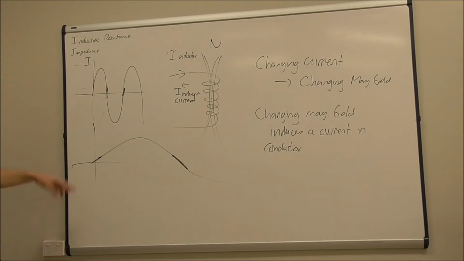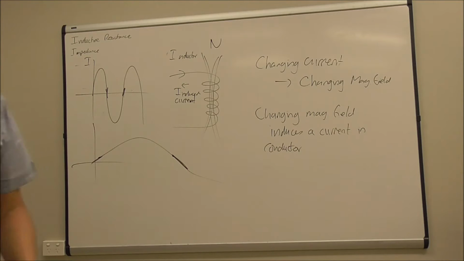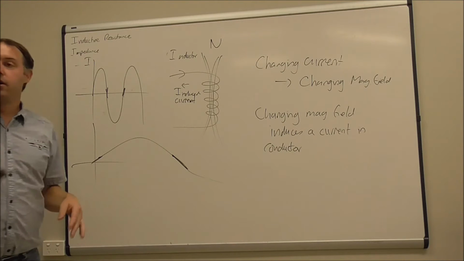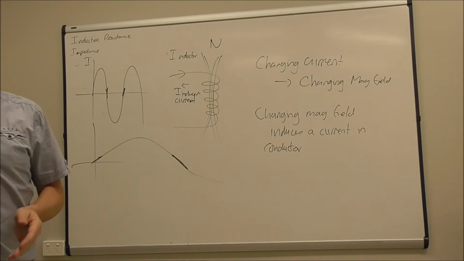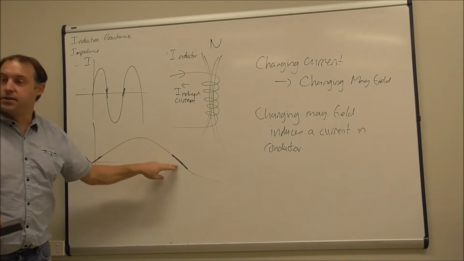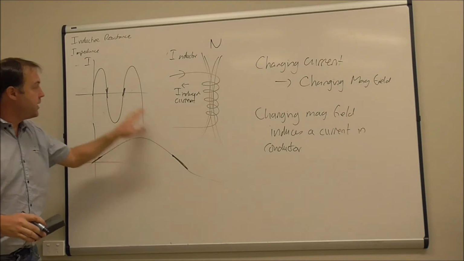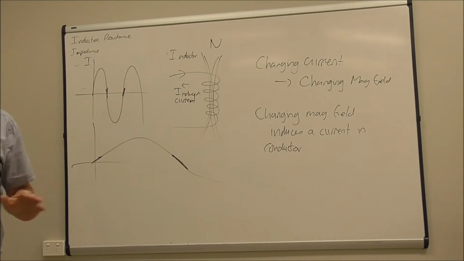Okay, so these points are where the current is changing the fastest, and it's much steeper here, and so it's going to be trying to oppose that current change the most here, and that's why at high frequencies the inductor opposes that current flow more than it does at low frequencies. At low frequencies, the steepness of that curve, at the steepest, isn't very steep at all compared to this, and so it doesn't oppose it quite as much.